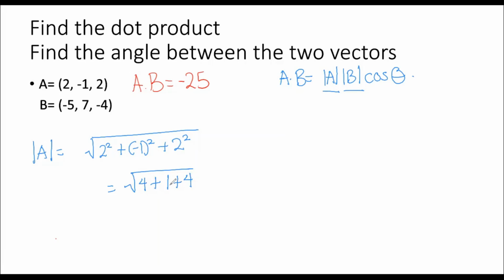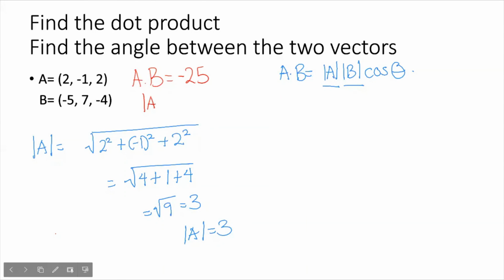So 4 plus 1 plus 4 gives us 9. The square root of 9 is equal to 3. So the magnitude of A is equal to 3.